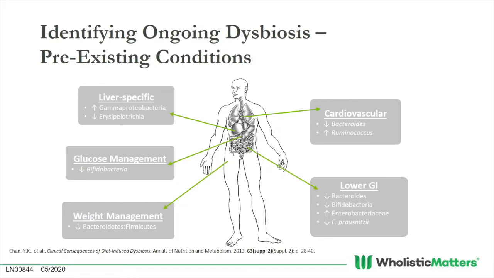And then lower GI specific ones, there's going to be some 1,000-foot view phylum levels that you see change, as well as some specific genus species effects that you see. So something would be like F prow being reduced. That's a very lower GI specific dysbiosis.